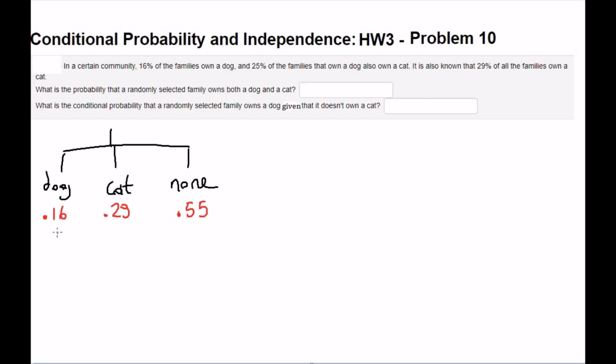We were also given information that 25% of the families who own a dog also own a cat. So we know that 1/4 of the dog owners also own a cat. Okay, so question 1 is asking the probability that a randomly selected family owns both a dog and a cat. So it is the product of this.